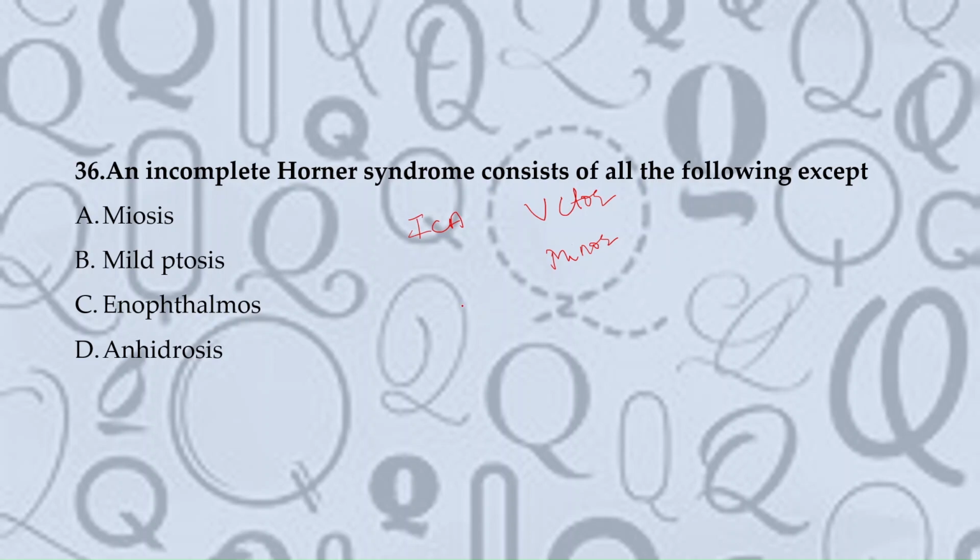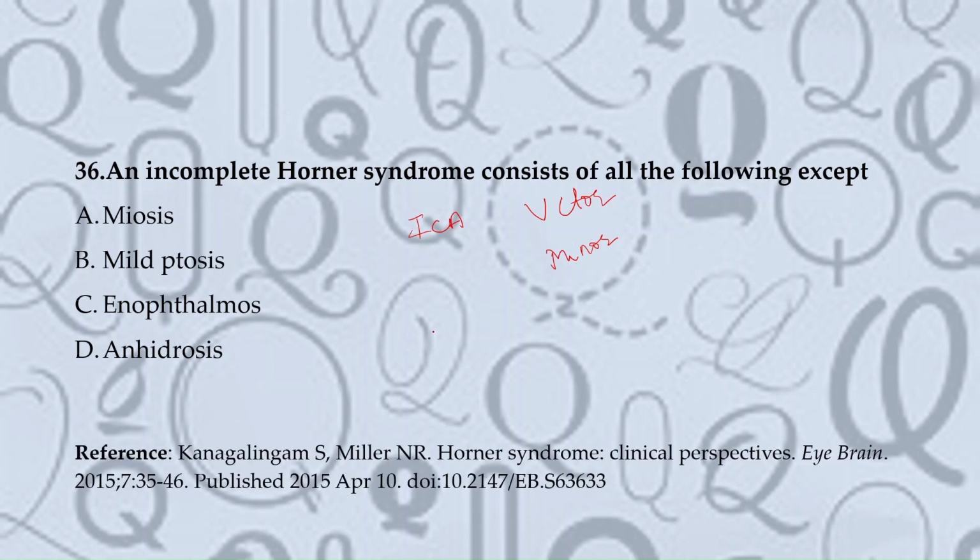You will see that sweat mixes with the tincture iodine and there is a change in color. So if there is a change in color on one side, anhidrosis is not there. Whenever there is anhidrosis, there is no change in color. Whenever there is sweating, there will be a change in color of the iodine. So this is the Minor test, useful in objectively quantifying anhidrosis.